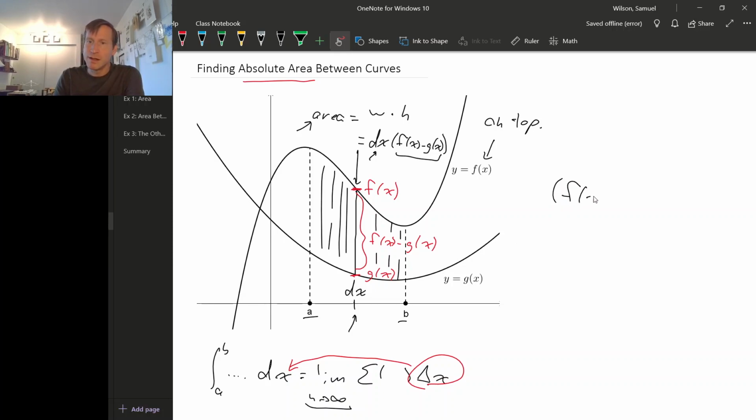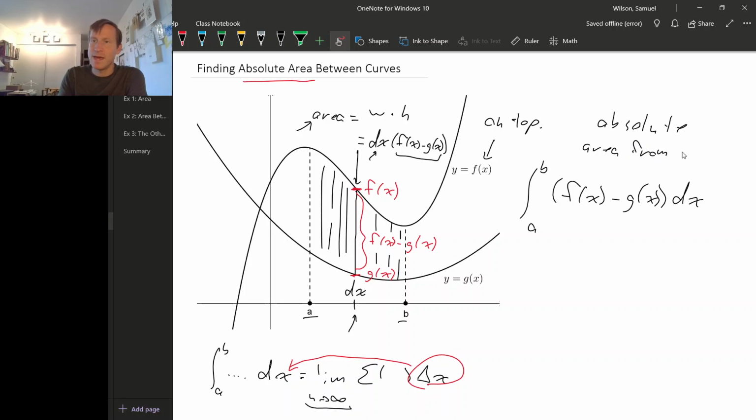So the area of a single strip is f of x minus g of x times dx. To add up all of these areas, we integrate from a to b. This is the absolute, that is unsigned, area from a to b between f of x and g of x.